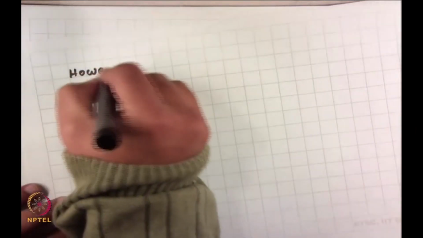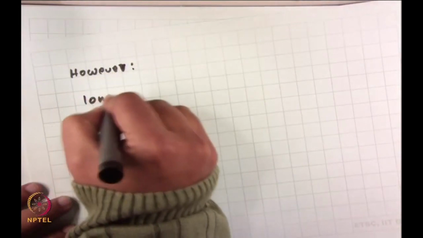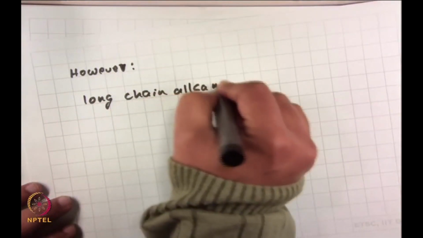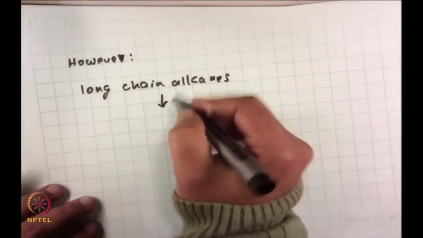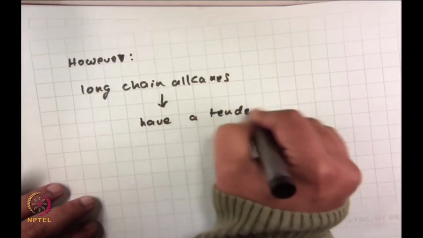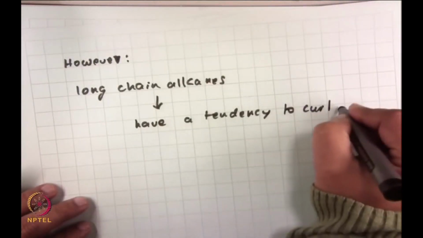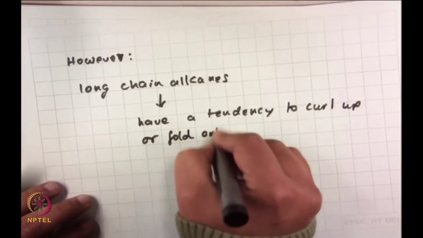However, think about this. If you go to very long chain alkanes, what happens is these alkanes have a tendency to curl up or fold onto themselves.